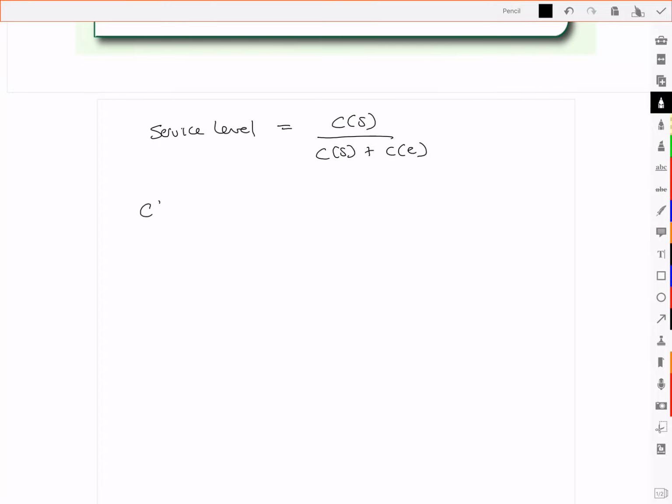Okay. So what happens if the cost of a shortage goes up? So it's more expensive now when your customer comes in and you don't have what they're looking for. So what impact does that have? Well, if we look at this formula, we've made the number on the top go up, and we have made the number on the bottom go up. Okay. So what does that do to your overall service level?